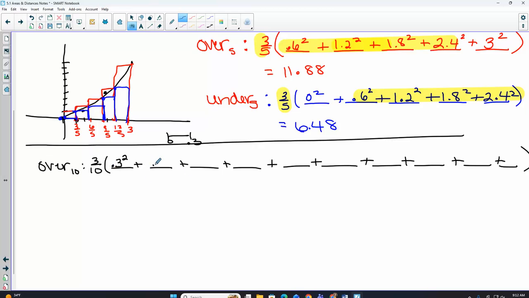So if I add 0.3, I get 0.6 squared, 0.9 squared, 1.2 squared, 1.5 squared, 1.8 squared, 2.1 squared, 2.4 squared, 2.7 squared, and 3 squared. What do you get?